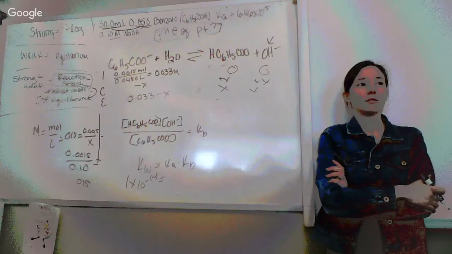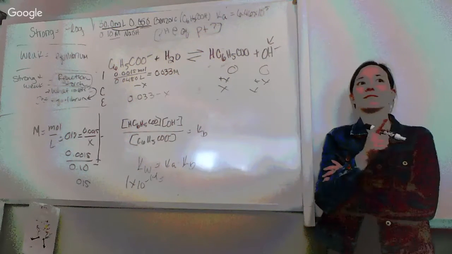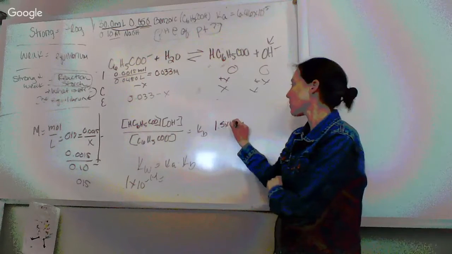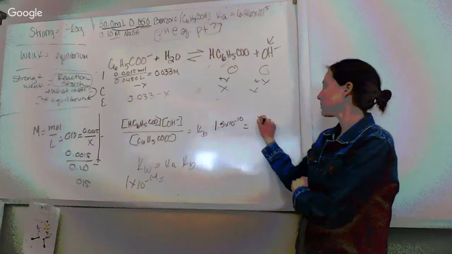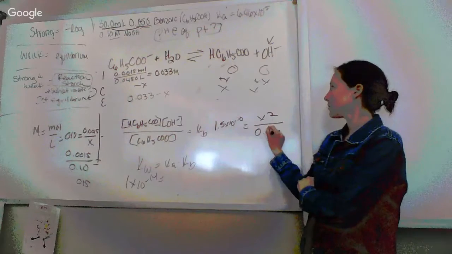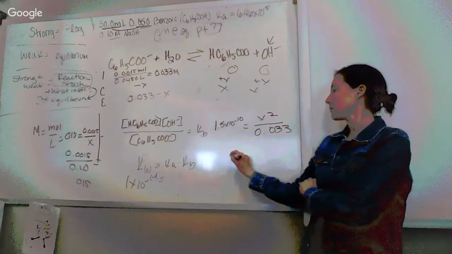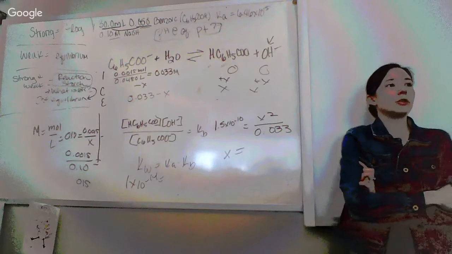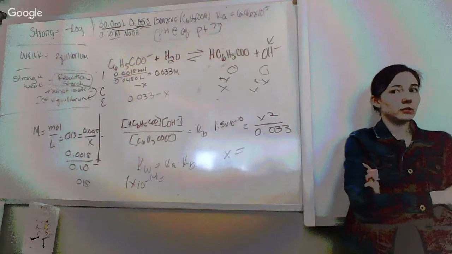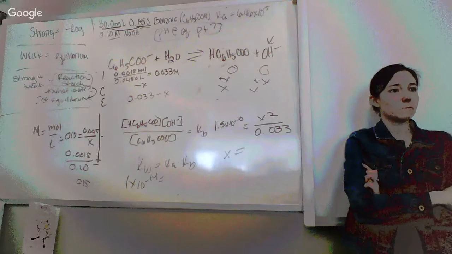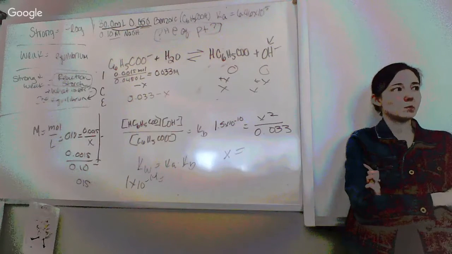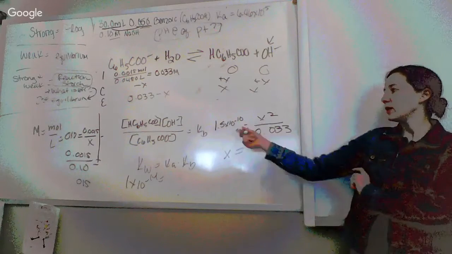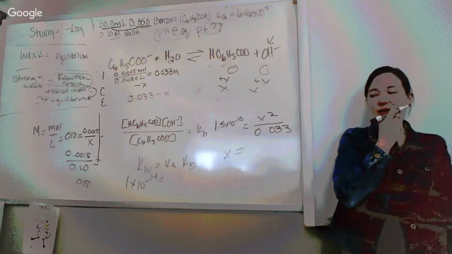Nobody wants to erase, David. Nice, say it again. So then it would be about solving for x. The Kb is 1.5 times 10 to the negative 10th.